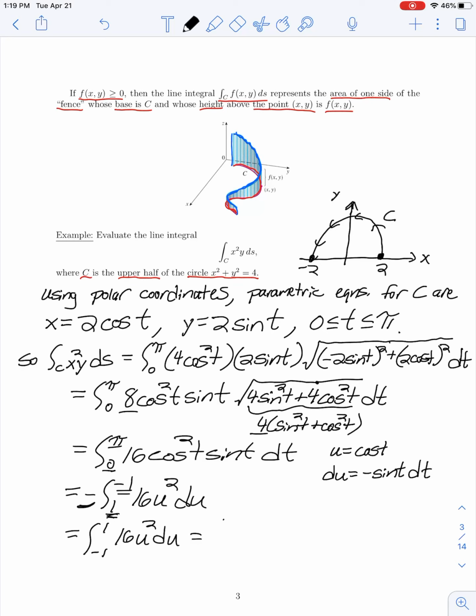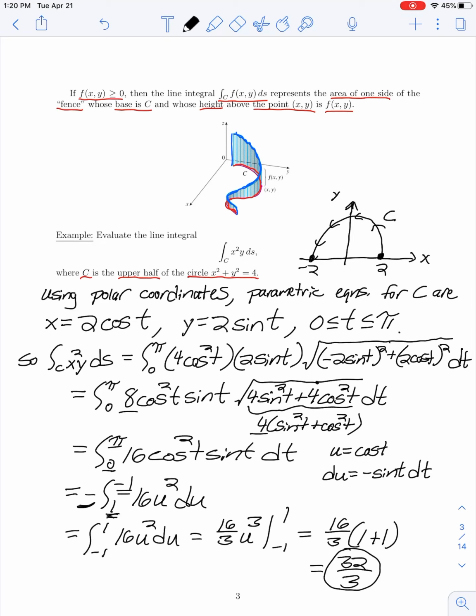So my antiderivative is 16 over 3 u cubed from negative 1 to 1. So that gives us 16 thirds times 1 cubed, which is 1, minus negative 1 cubed, which is negative 1. Since we're subtracting that, we get a plus 1. And altogether, we're left with 32 over 3.